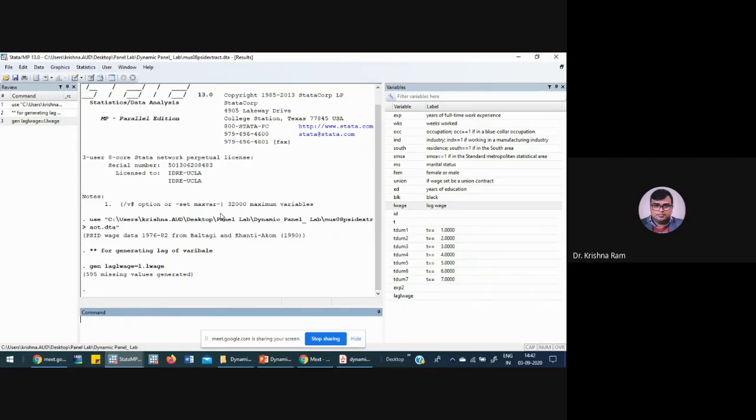To check whether the lag has been generated correctly, we need to browse both the log of wage variable and the variable we just created, which is the lag of log of wage.